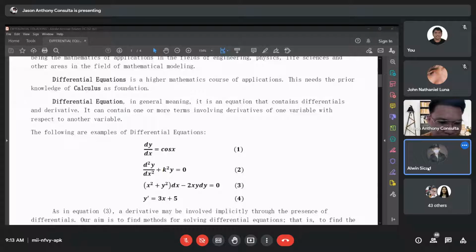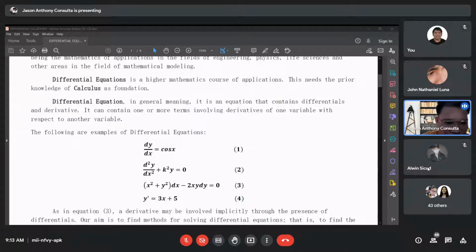The second derivative of y with respect to x plus the second derivative of ky is equals to 0, sir.